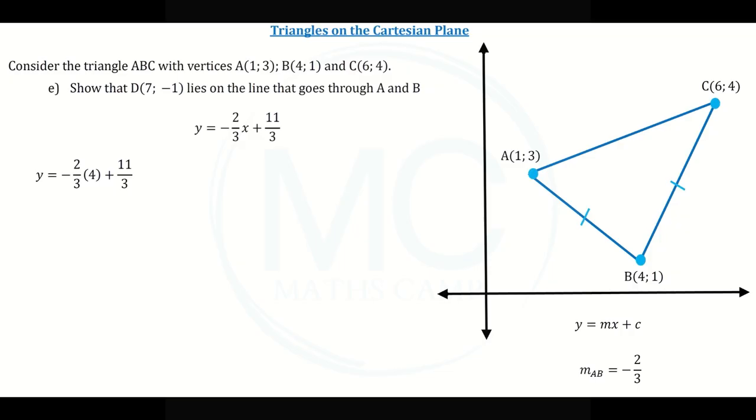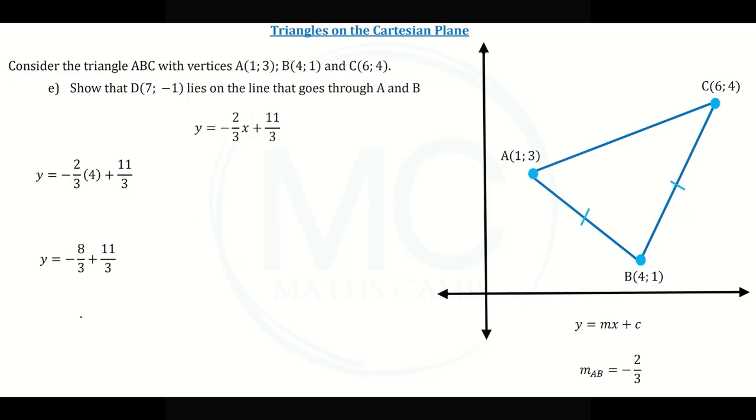Now we can solve for y in hopes that y will be the y coordinate of B. So we can say y is equal to negative 2 multiplied by 4 gives us negative 8 over 3 plus 11 over 3.